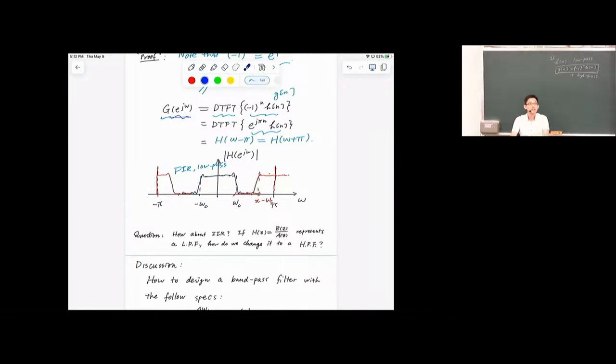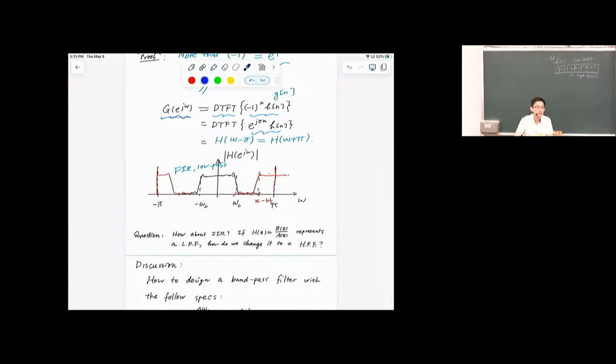Please take a look, I'm going to show you. Please stop writing. This part becomes this part, and this part becomes this part, after shifting the entire frequency response to the right or to the left by pi, doesn't matter. Now already low pass becomes high pass.